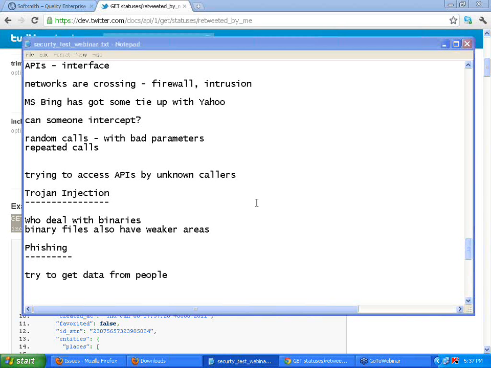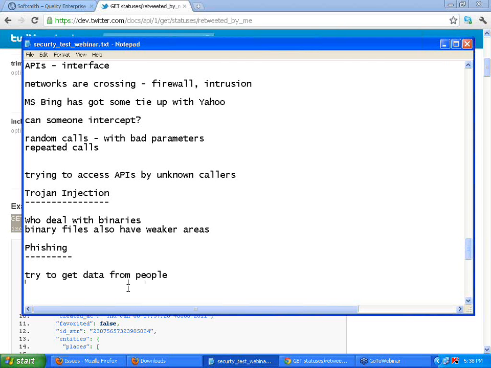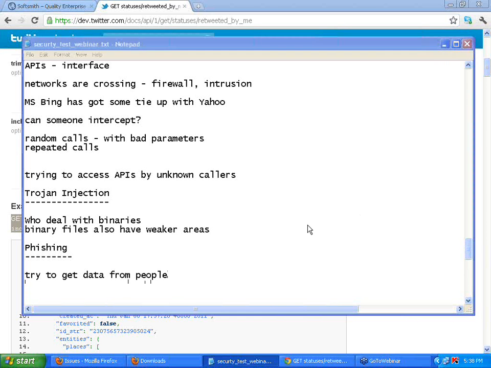I may send you a mail saying, hey, you won a $1 million lottery, can you please provide your contact address? The moment you send something, there will be an automated reply coming back asking, can you give me your phone number? I can call you back. Then you may get an online call asking for your bank account. So phishing is the one that continuously tries to get data from you. Yes, that is also part of security testing, but it is more from the soft factor of how people react.